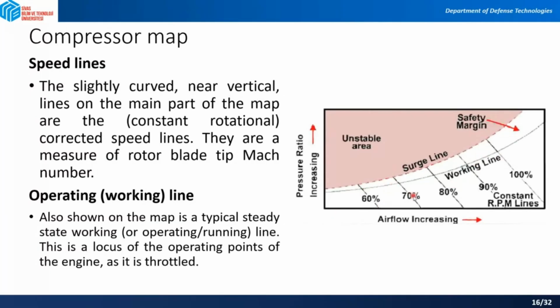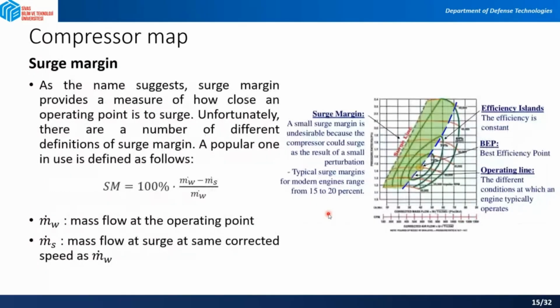The operating line, which is a working line, is a typical steady state working line. And this is a locus of the operating points of the engine as it is throttled. So what is it?